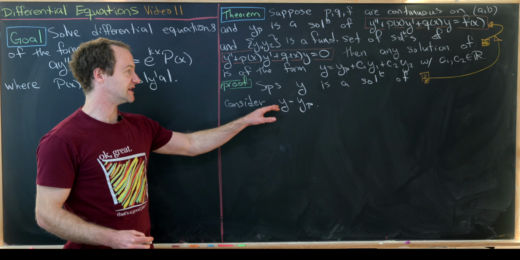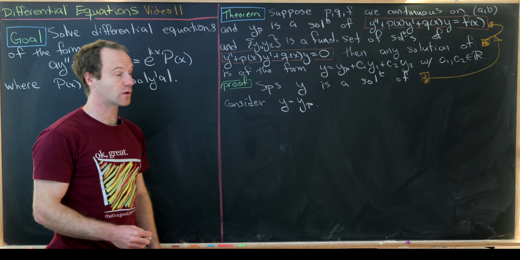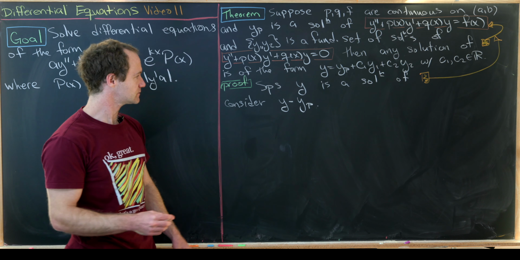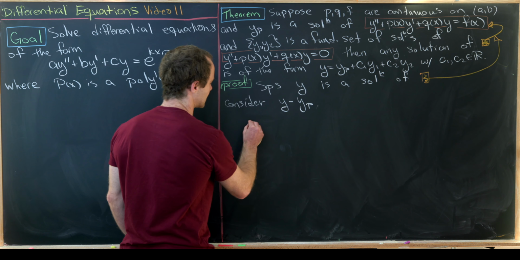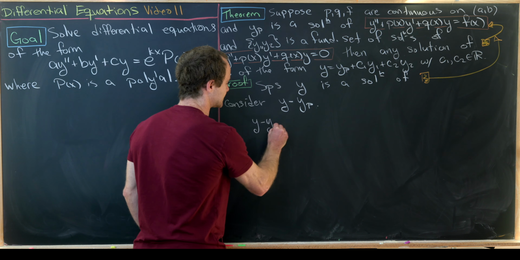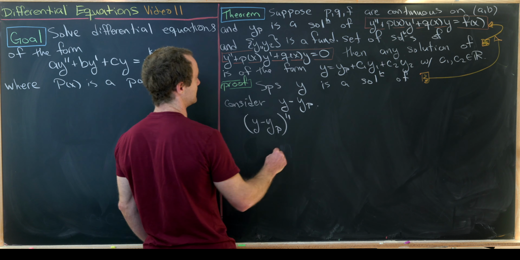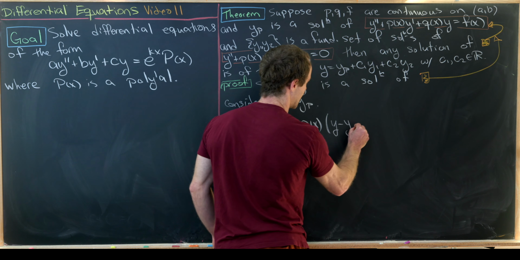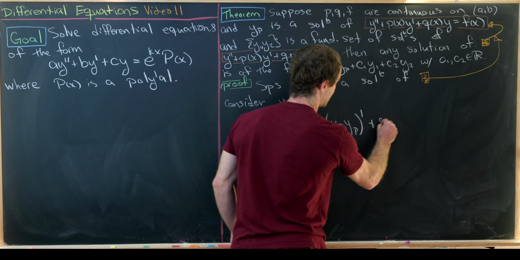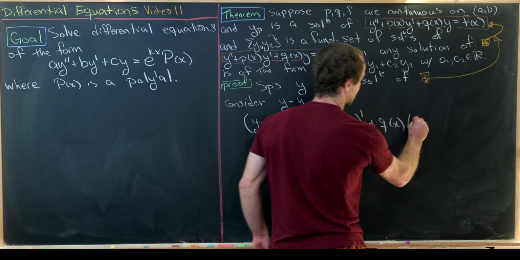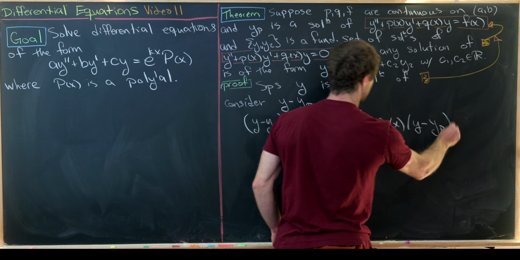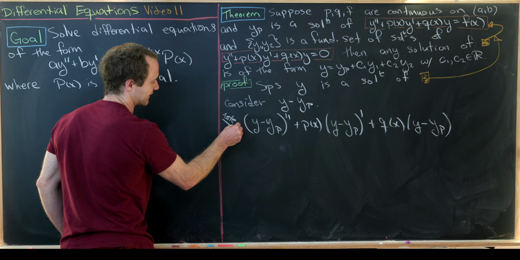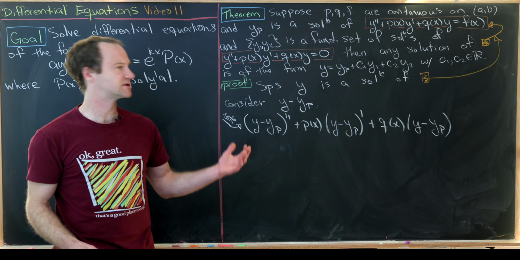And what we'll do is put that into our differential operator and see what happens. Okay, so that'll give us y minus yp double prime plus p of x times y minus yp prime plus q of x times y minus yp.